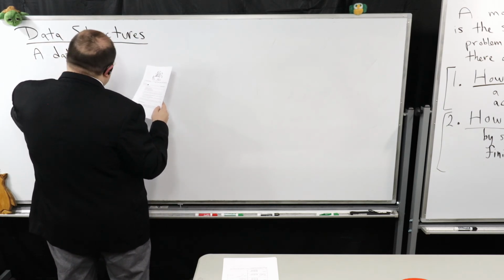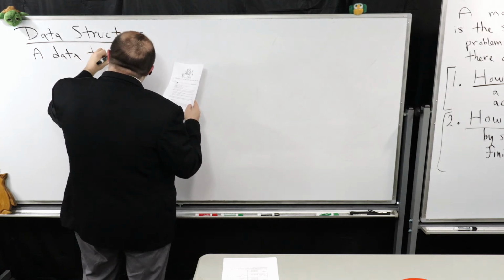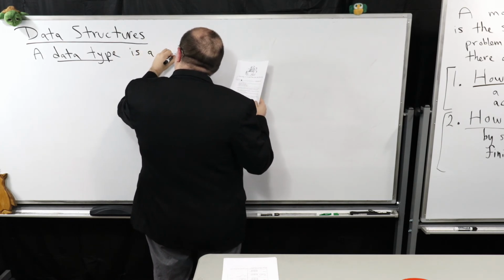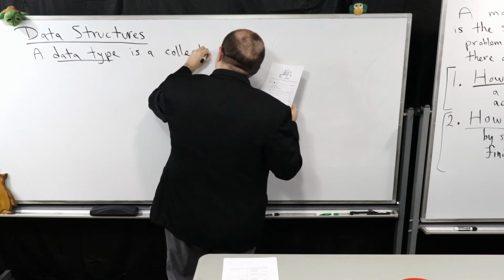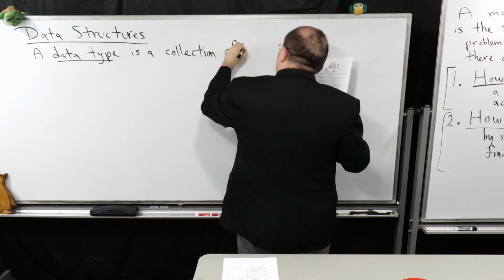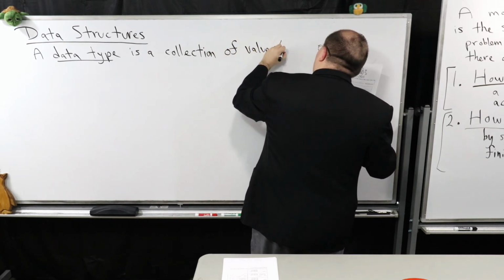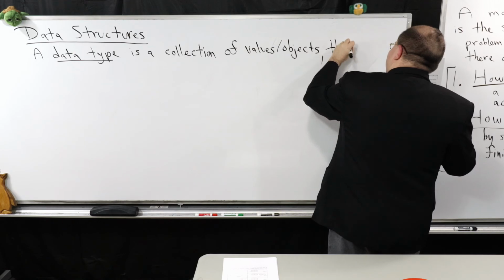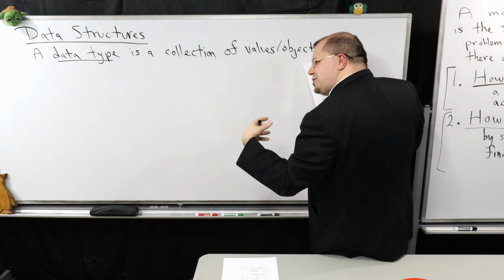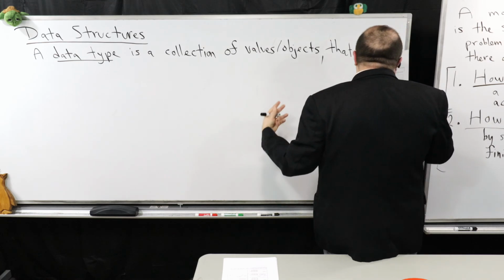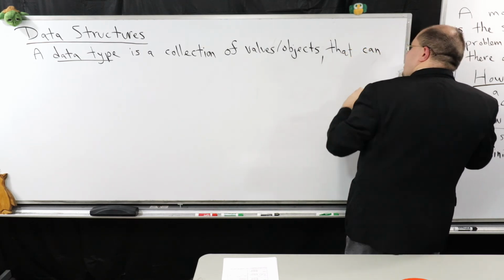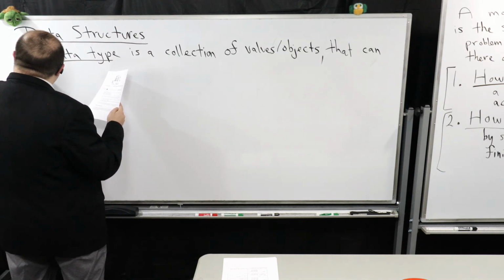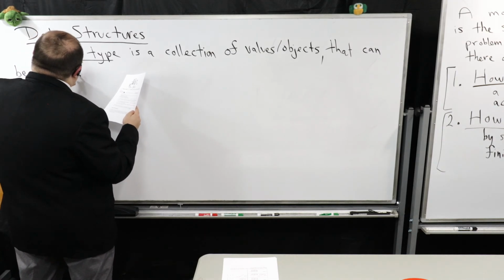Let me write out a definition for a data type. It's a rather broad concept. A data type is a collection of values or objects that can be mathematically specified. Now you're going to see this is where it gets a little bit strange if you're just thinking only about programming. Mathematically, that's a dreaded M word, the mayonnaise.